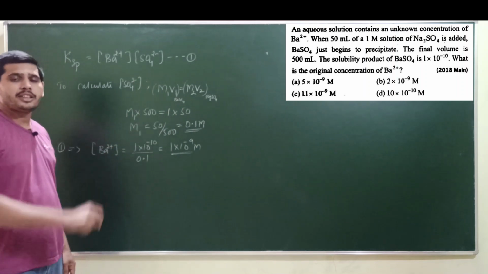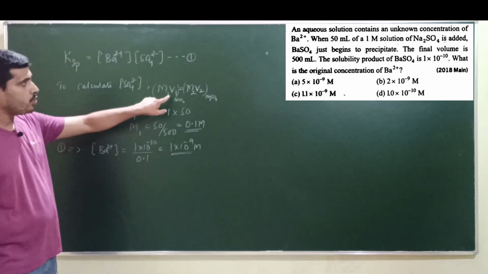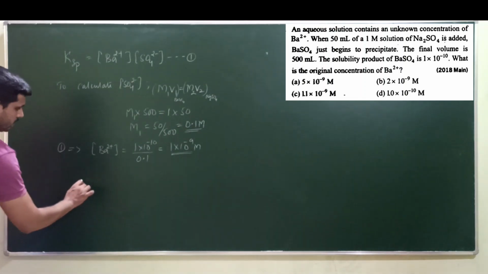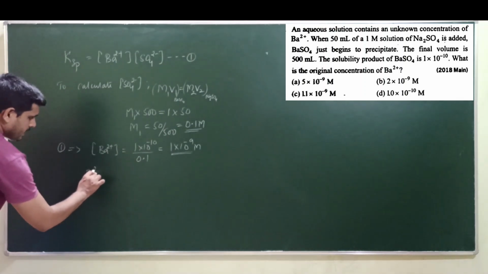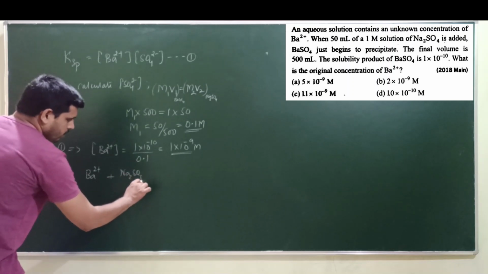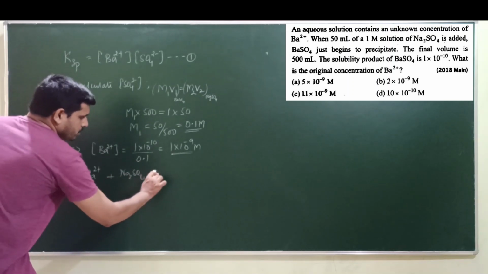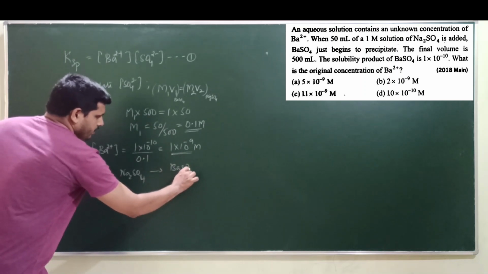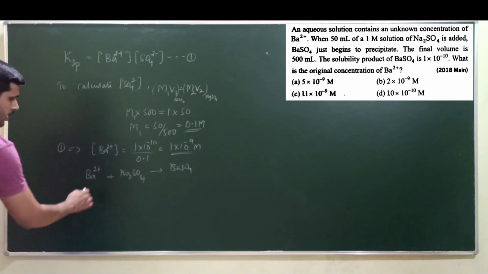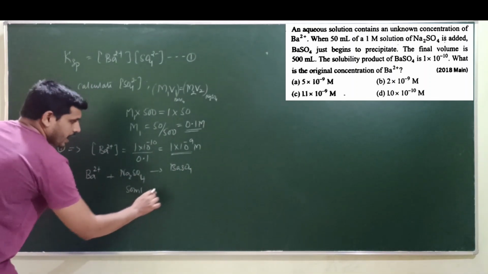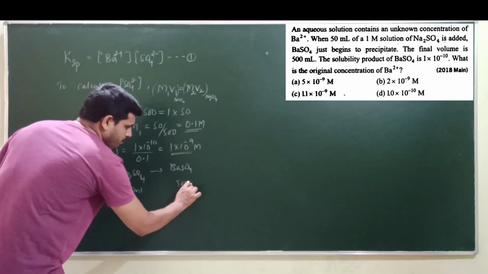So how to calculate the original concentration? Again we have to go back to this formula. What is told there is barium 2 plus ion reacts with Na2SO4 to give barium sulfate. Why am I writing this? Because we don't know the volume of it. But this is 50 ml and this is total 500 ml.